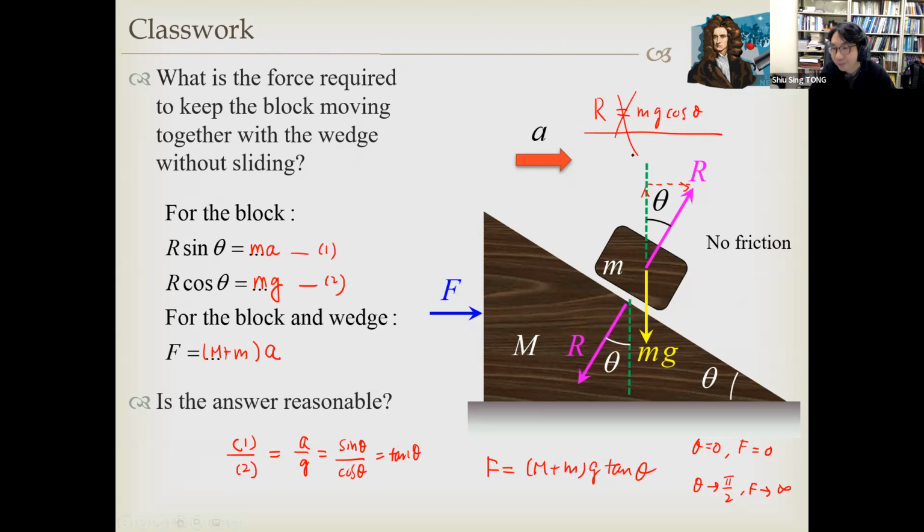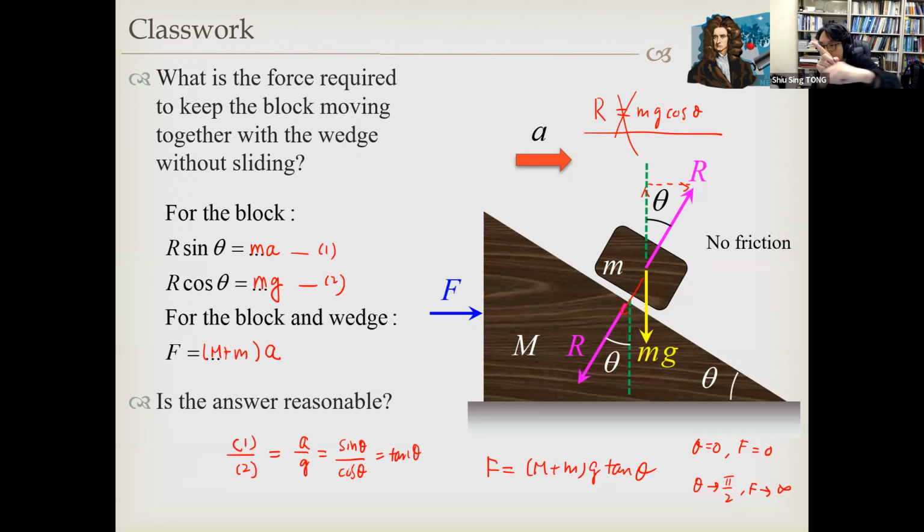In this case, I will let you see why. If you write mg cosine theta equal to R, it means that there is no motion in a direction perpendicular to the plane. But that's not the case. Because the block is now moving horizontally, and the direction that is normal to the plane and the horizontal direction are not at right angles.